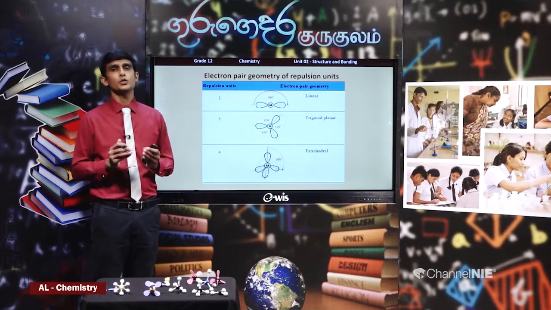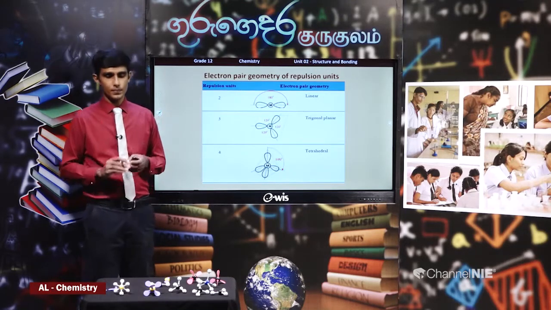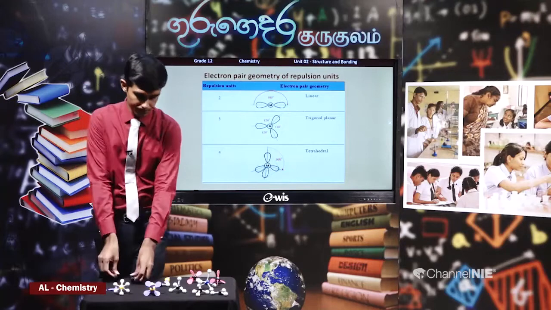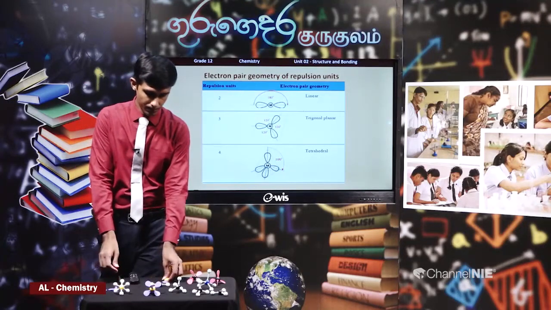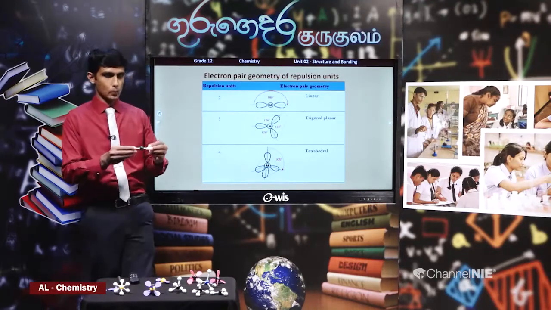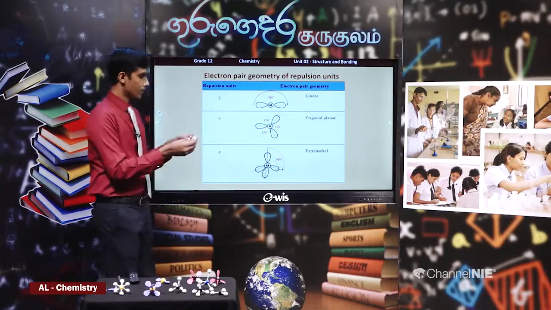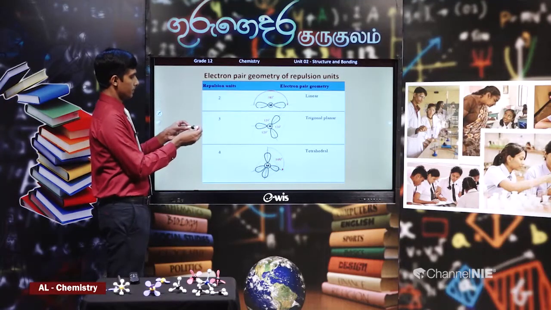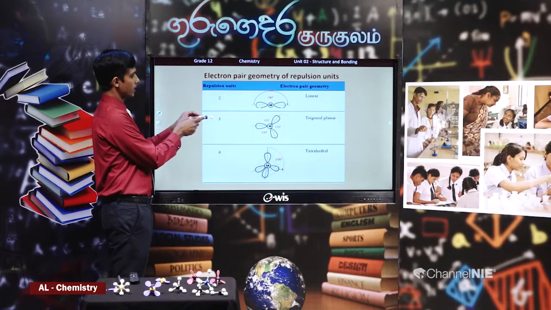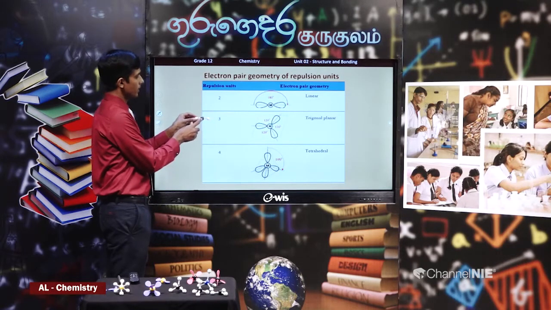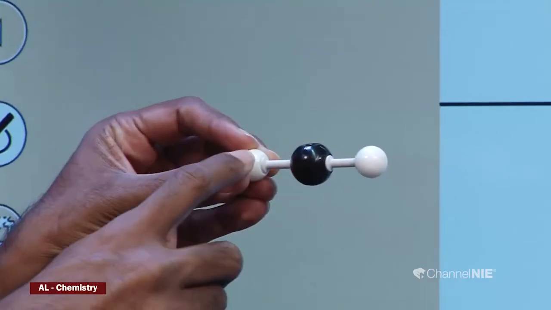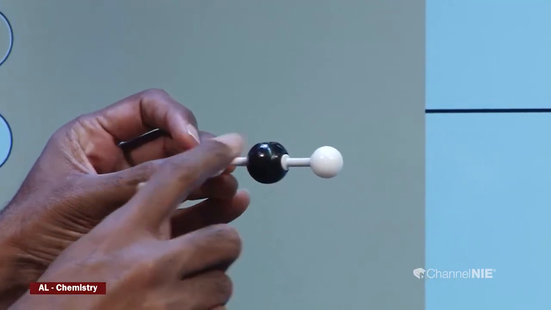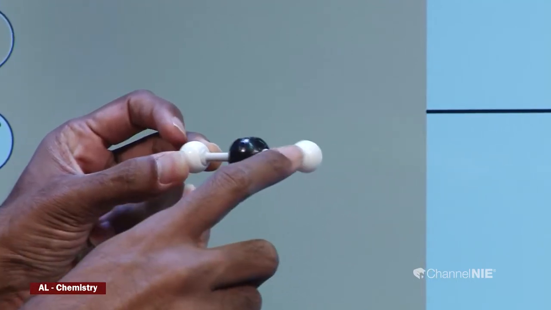Now, that can be shown like this. Around a particular atom, if you consider this black colored one is the atom in the middle, it is bonded only to two other atoms here like this.